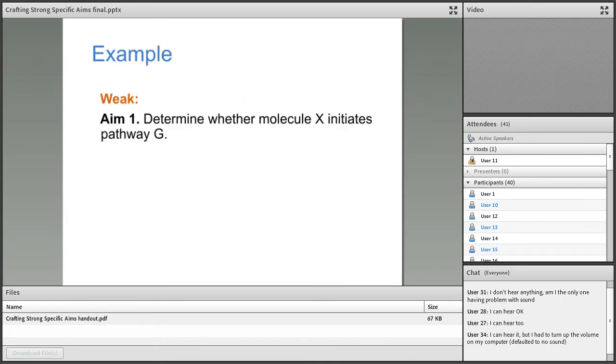So let's look at an example. This aim is somewhat weak because it implies a yes-no answer. What if molecule X is found to not initiate pathway G? It sounds like the project will have hit a dead end. That wouldn't be a very exciting outcome for this aim.